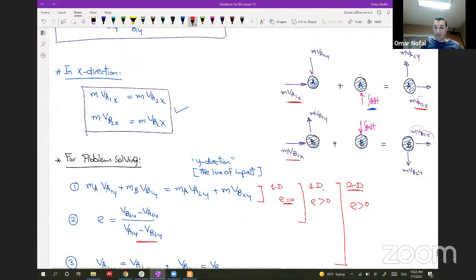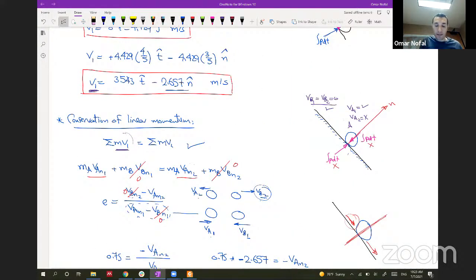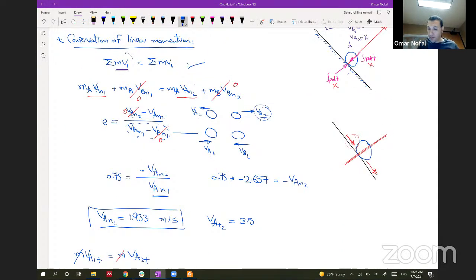So you will have that MVA1 tangent will be equal to MVA2 tangent, and we can cancel the M, and finally you will have VA2 tangent will be equal to VA1 tangent, which is this term, 3.543 meters per second.